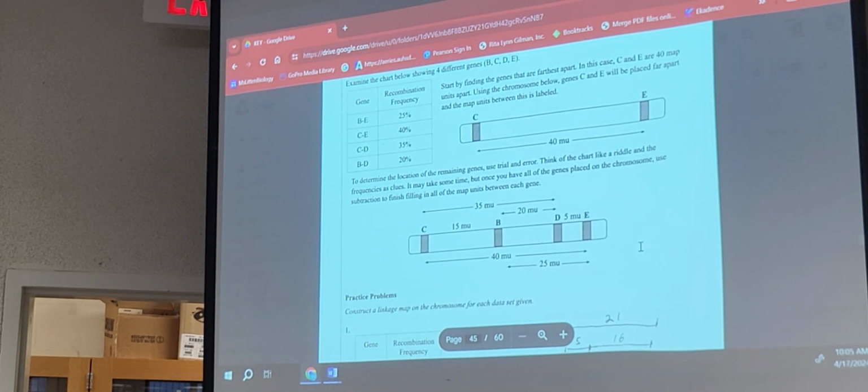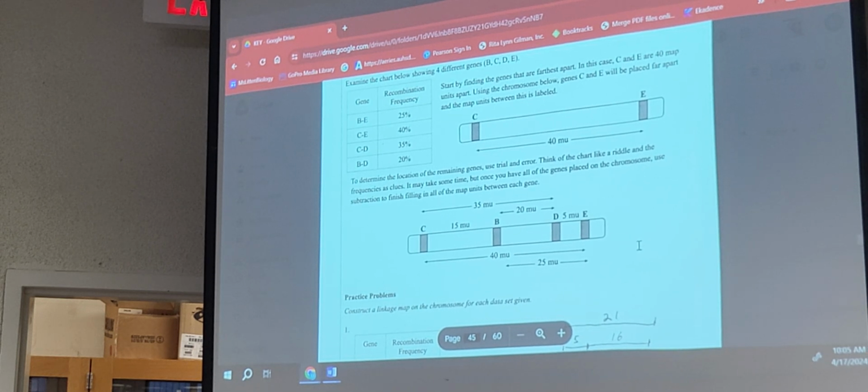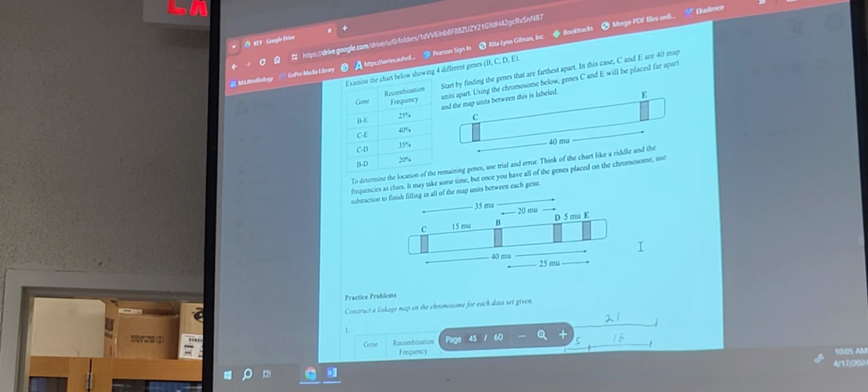If this is 25, and we know D is in between C, D can't be on the other side of E, because C to D is smaller than C to E. That puts D here or here, right? So if B to D is 20, and B to E is 25, it can't, right?